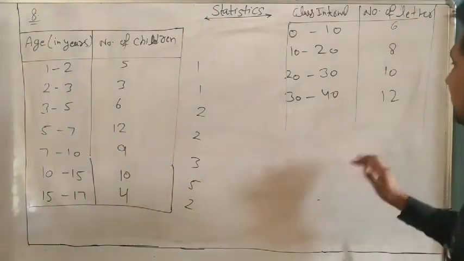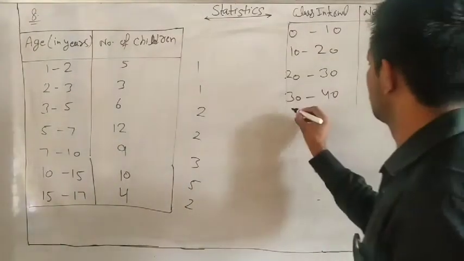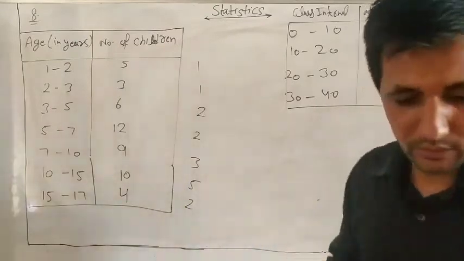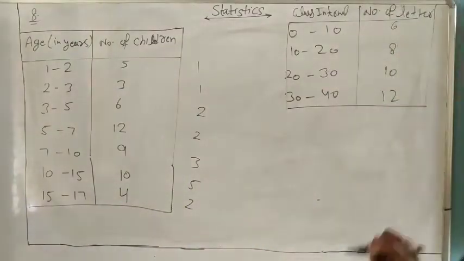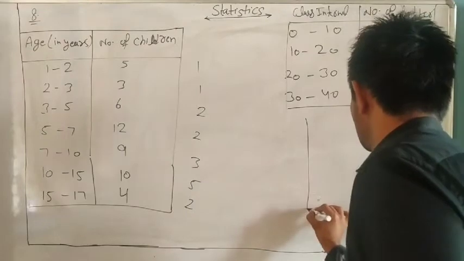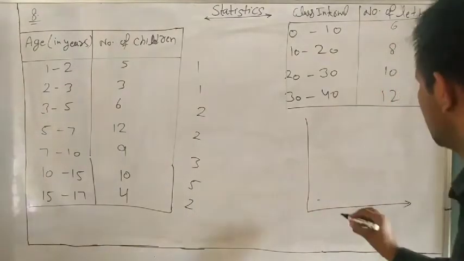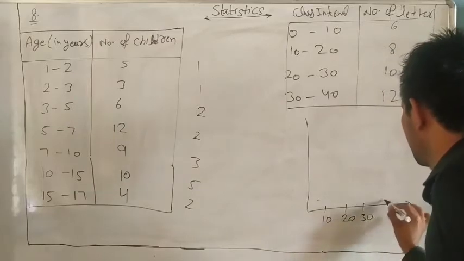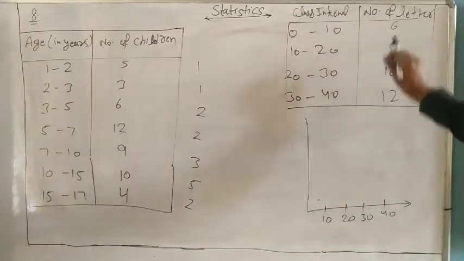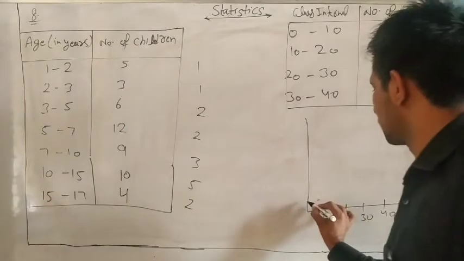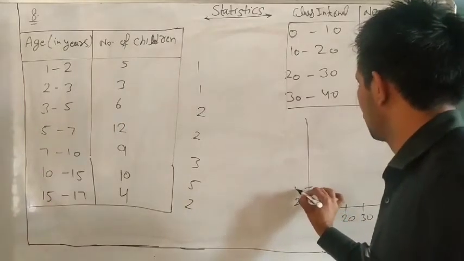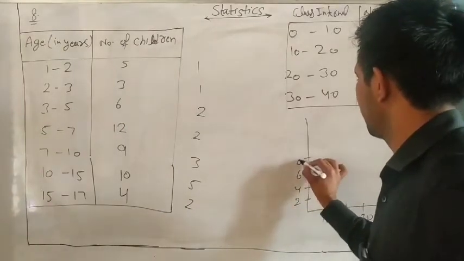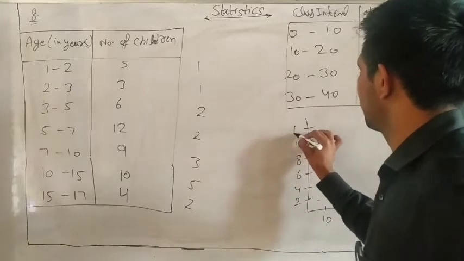Suppose I represent this data in a graph, only this one. On the axis we have 0, 10, 20, 30, 40, and the number of letters 2, 4, 6, 8, 10, 12.